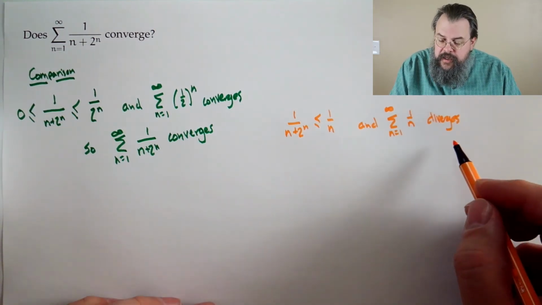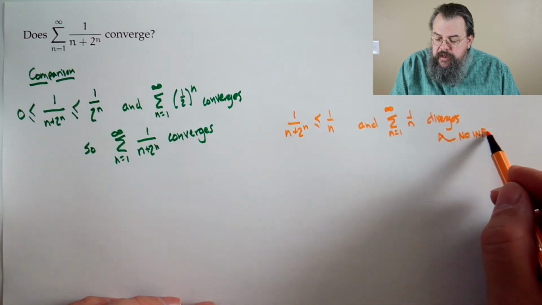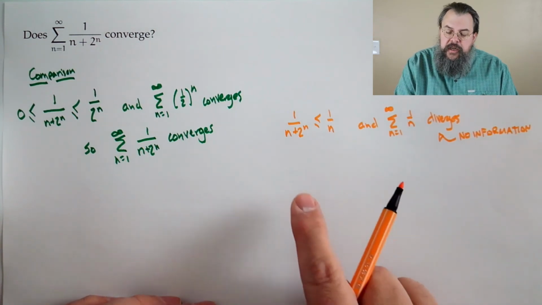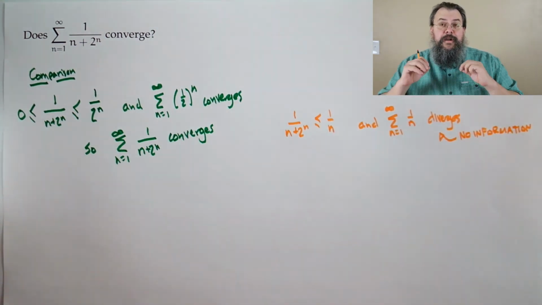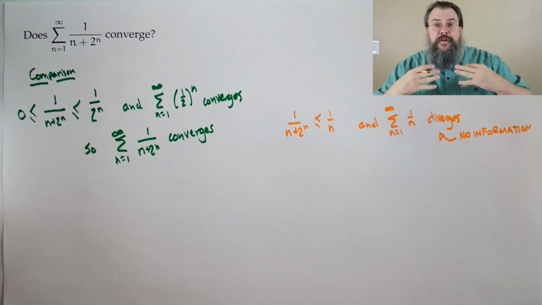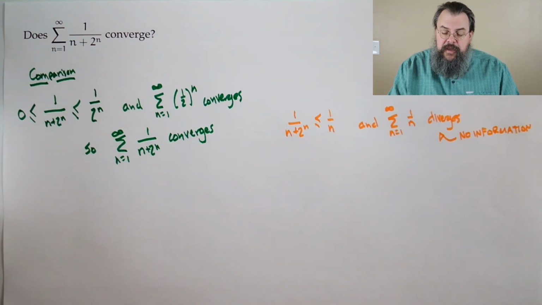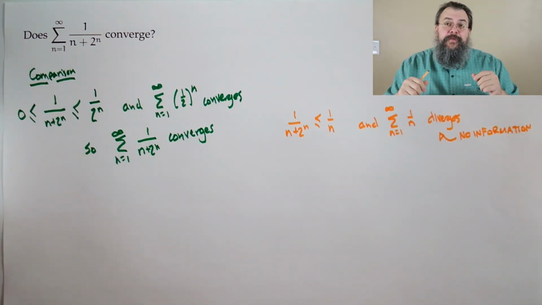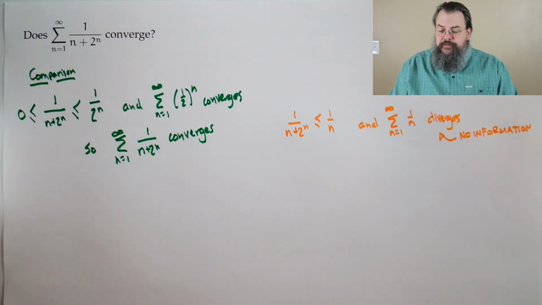So this is no information that we gain. We haven't learned anything. This is why you really want to pay attention. It's not just, oh, I'll just drop any term I want. You want to make sure you drop the lower terms. Otherwise you might get misled and say, oh, it looks like it's 1 over n, diverges. But that's because you're not paying attention to the real thing that grows, the 2 to the n.